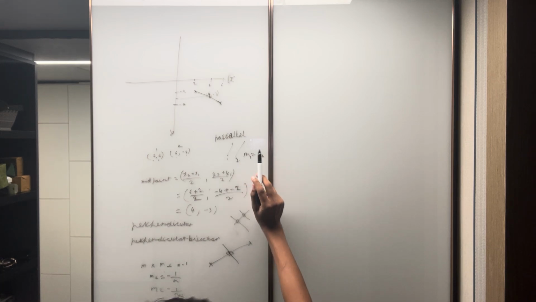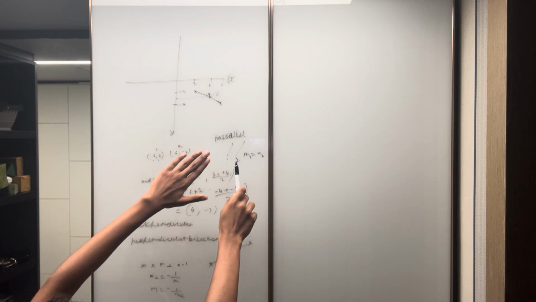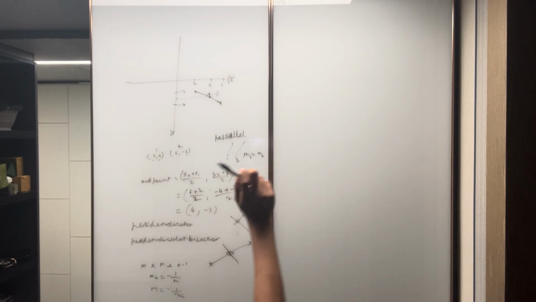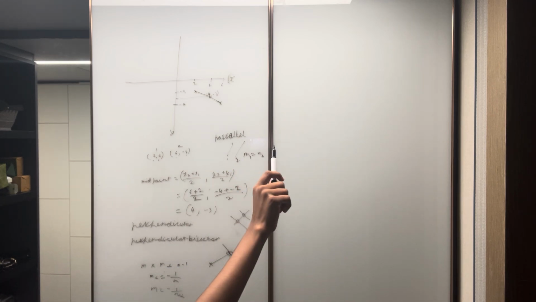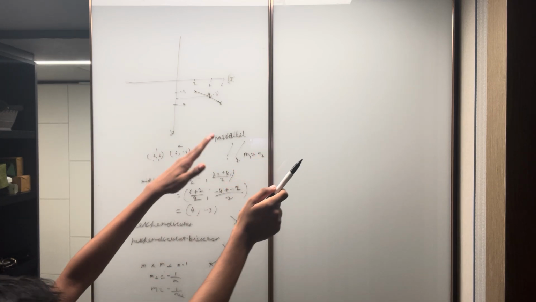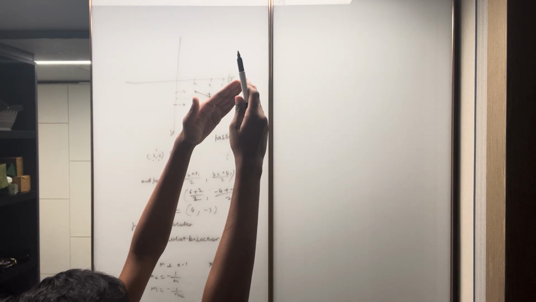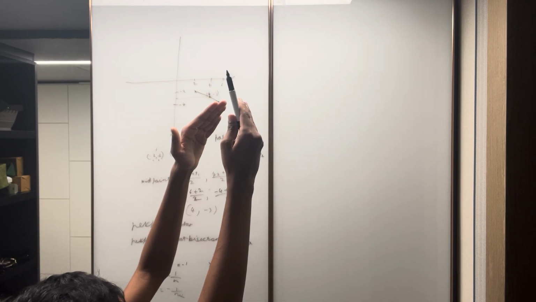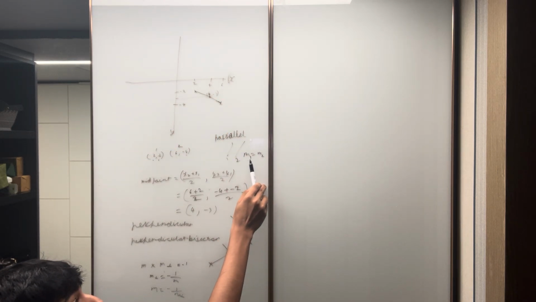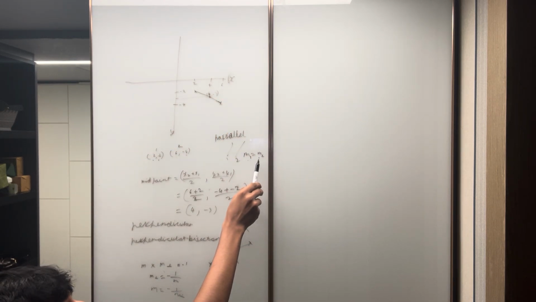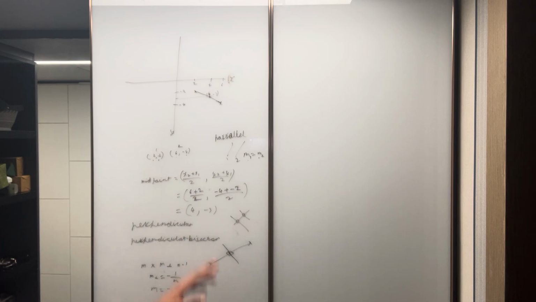That means no matter what they do, they will never meet at a point. Never, because they're both increasing at a steady flow. Even if there was a slight curve, even if this was 1 and this was 0.9, they would not be parallel.